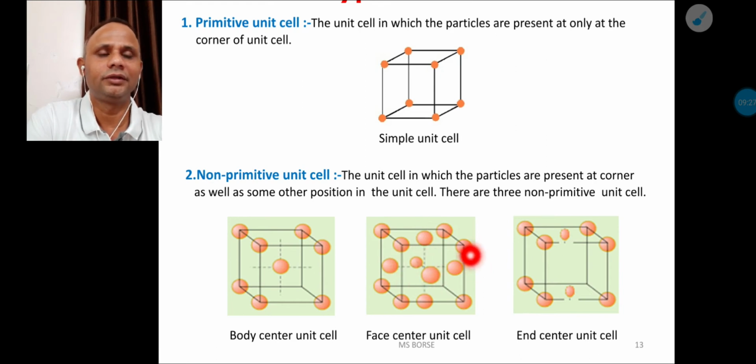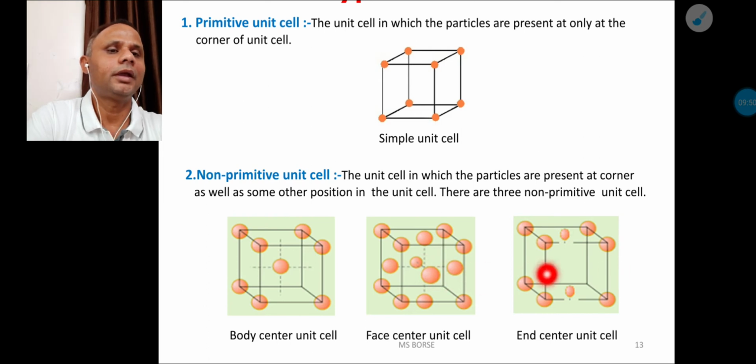There are 6 faces. That means at the center of each face one additional atom is present. That's why this type of unit cell is called a face center unit cell, or in short an FCC unit cell. So this is the short form of face center unit cell.